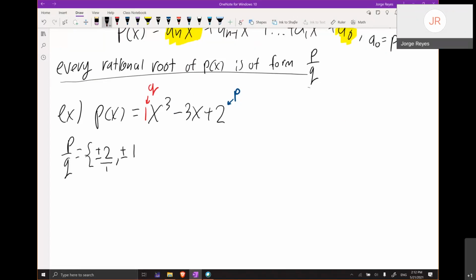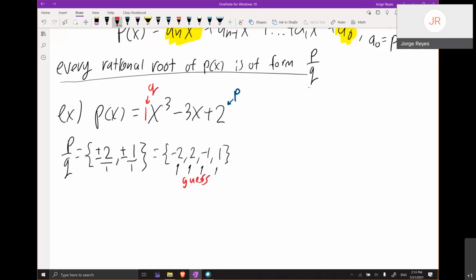Q is on the bottom, it's doing 1. That means I have 4 options: minus 2, 2, minus 1, 1. These are the 4 options to be rational roots of this polynomial, which means if this polynomial has rational roots, they can only be these. So this is what I'm going to use as my guesses.